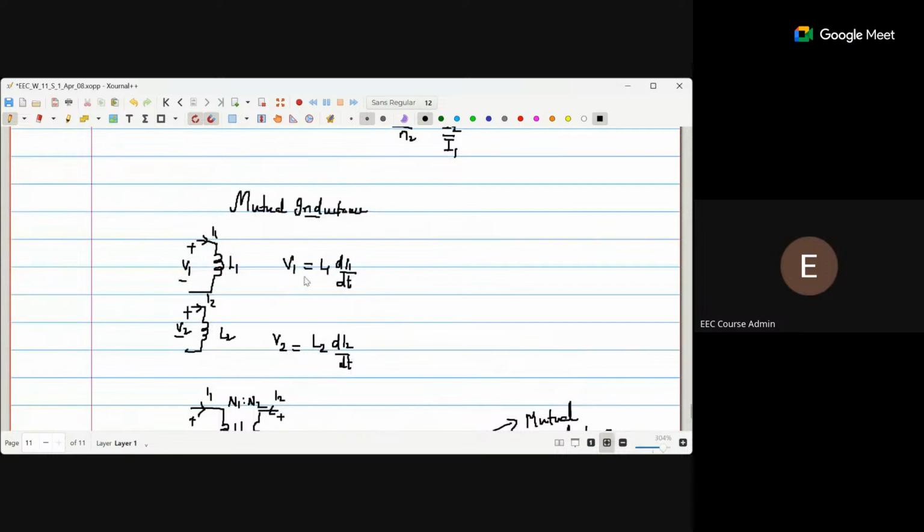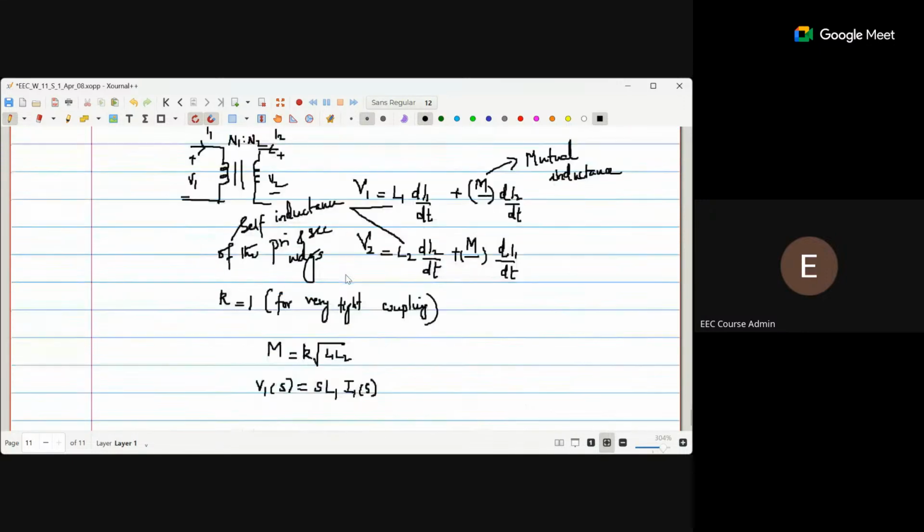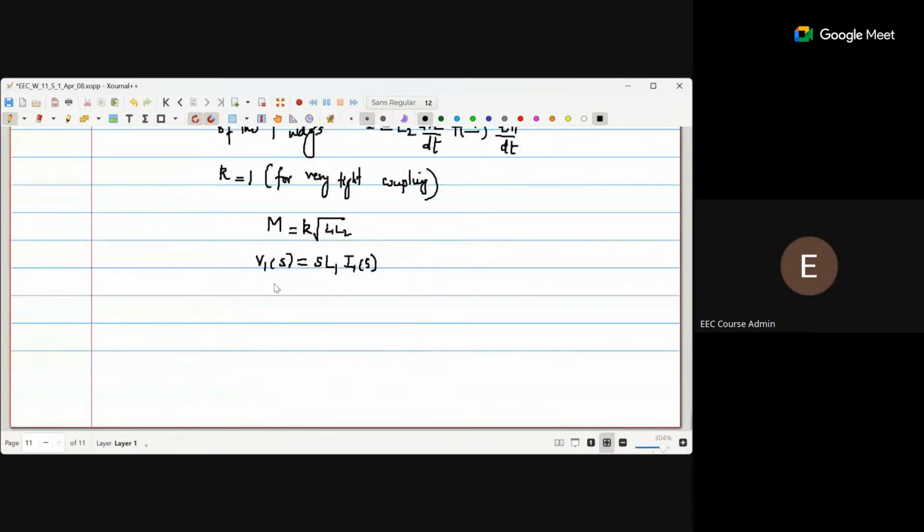This one, V1 is L1 dI1 by dt. So in the S domain I can write it as V1 of S equals S L1 I1. V1 of j omega will be, in the phasor domain, j omega L1 I1 of j omega.